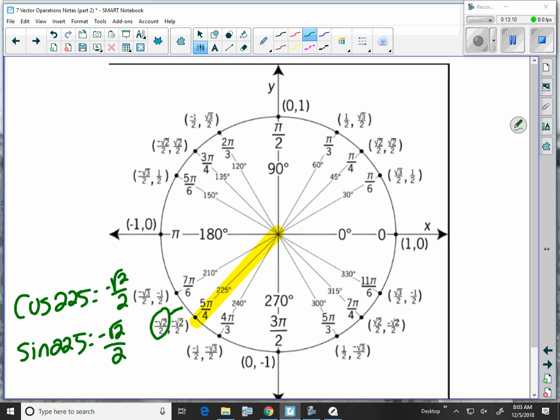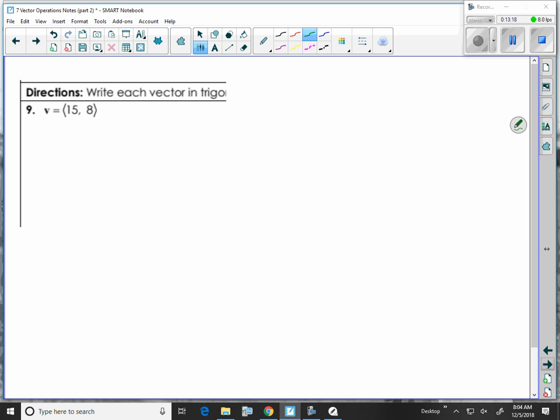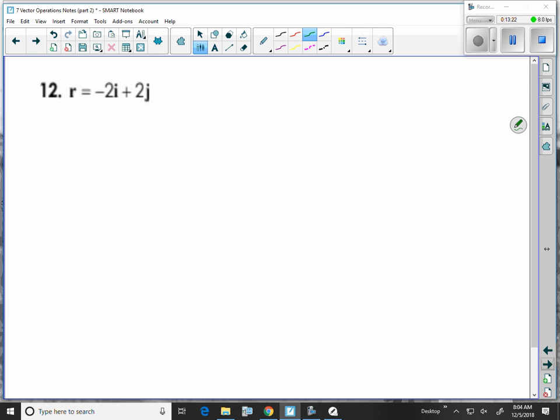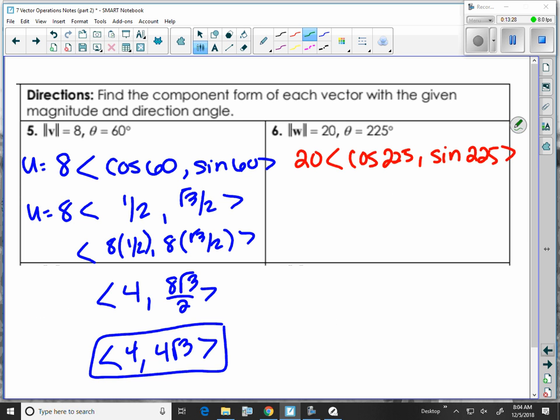The sine is your y value, negative radical 2 over 2. So we have 20 times negative radical 2 over 2, negative radical 2 over 2.